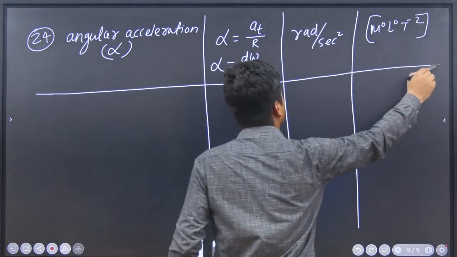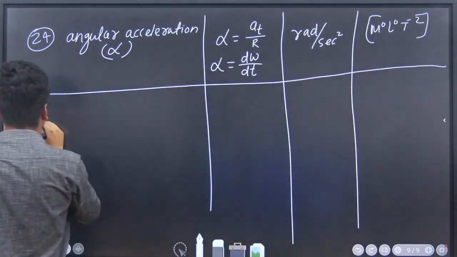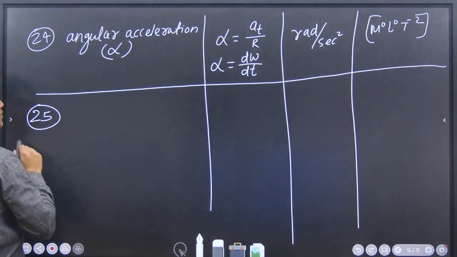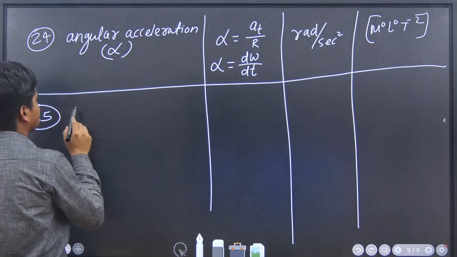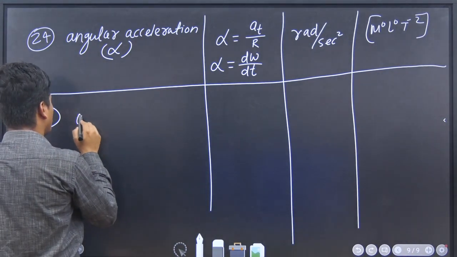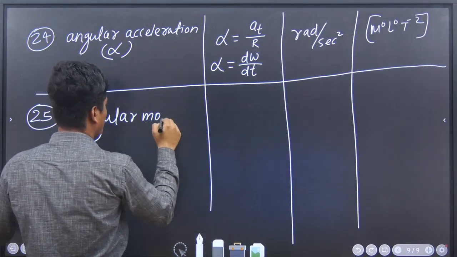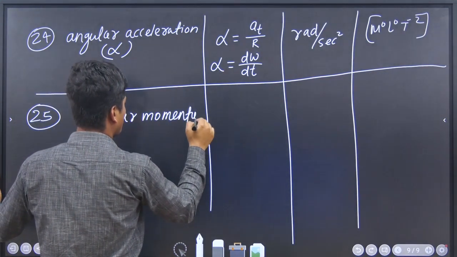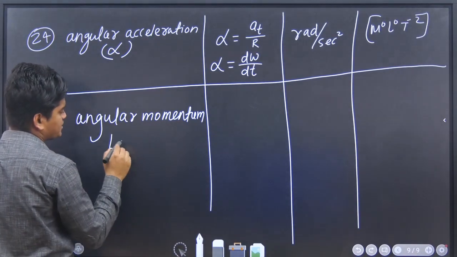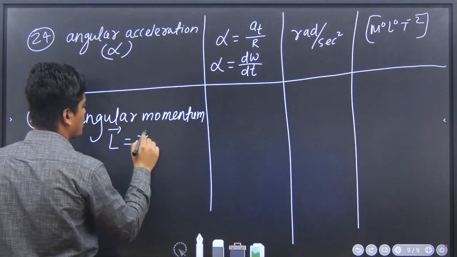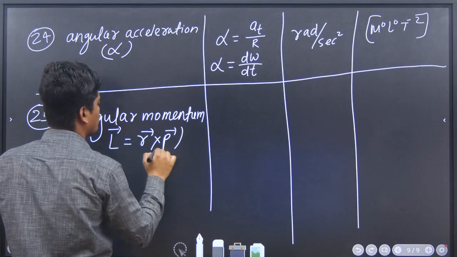Now write the 25th number, that is angular momentum. So what is angular momentum? The angular momentum symbol is given basically L, which is nothing but r cross p. That formula is basically r cross p.